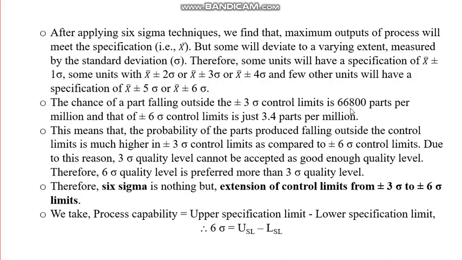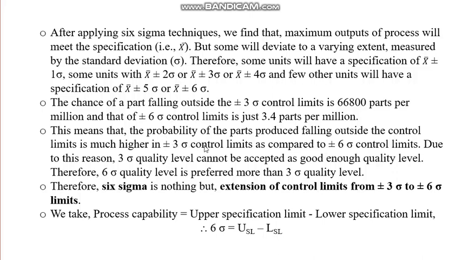So when you take a million, this becomes a huge number: 66,800 parts are defectives. Whereas if you talk about 6 sigma control limits, then defectives per million will be only 3.4. So much is the variation between 3 sigma and 6 sigma.